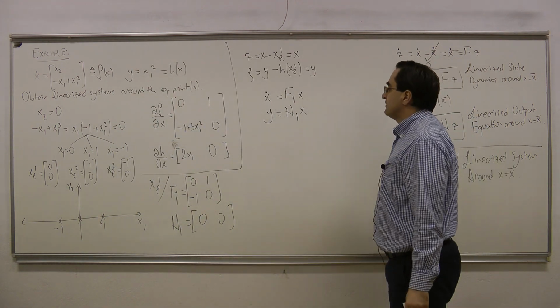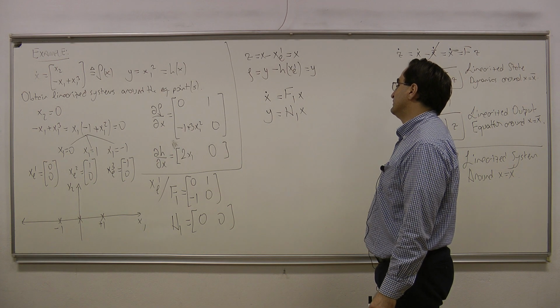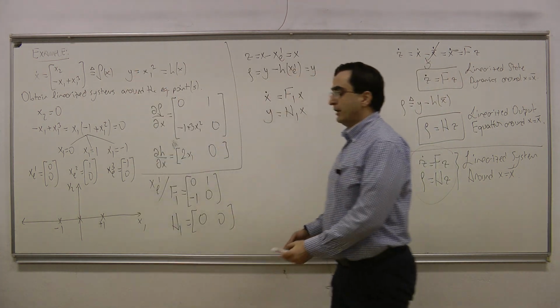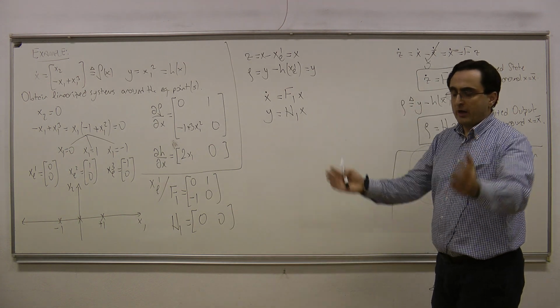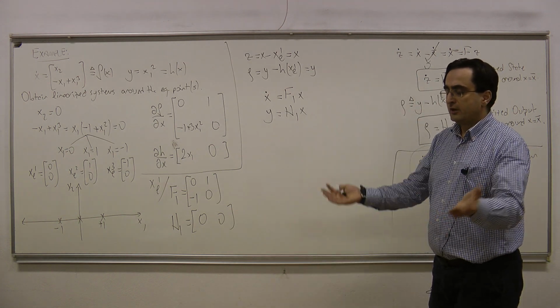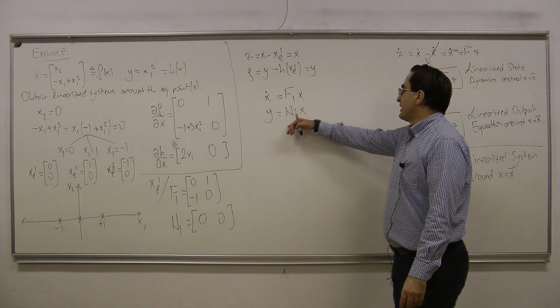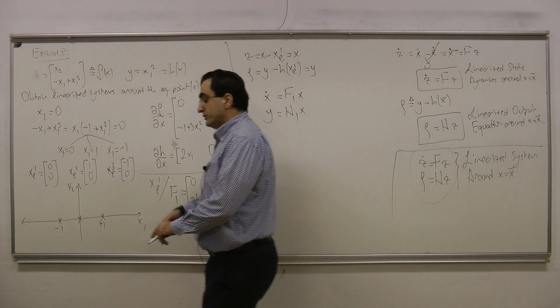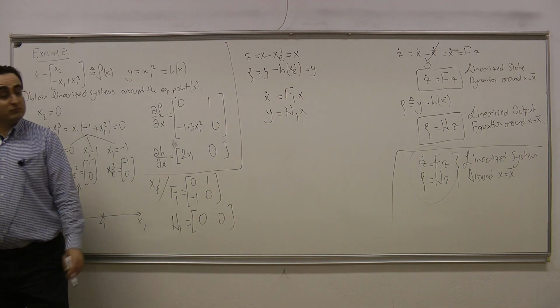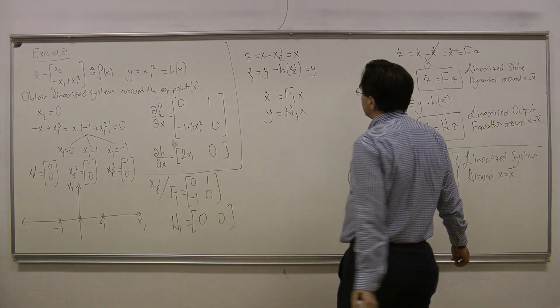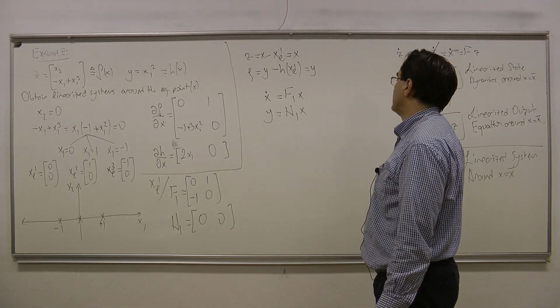But that is actually expected because of this x1 square. Okay? It has a slope equal to 0 around the origin, which makes this output equation in some way meaningless. All right? That is the limit of this approximation actually.